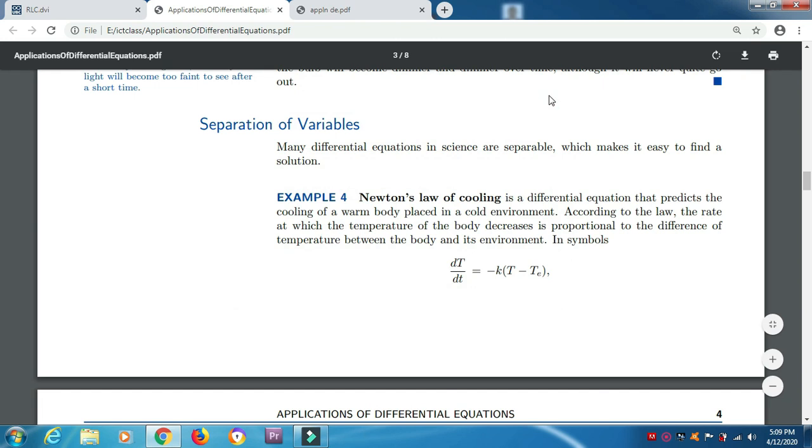The rate at which the temperature of a body decreases is proportional to the difference of temperature between the body and its environment. In symbols we can write dT by dt equal to minus k into T minus Te, where capital T is the temperature, Te is the temperature of the environment, and k is a constant of proportionality.